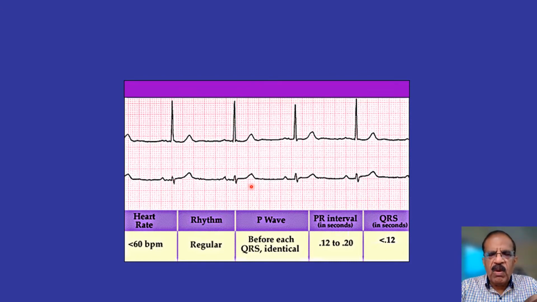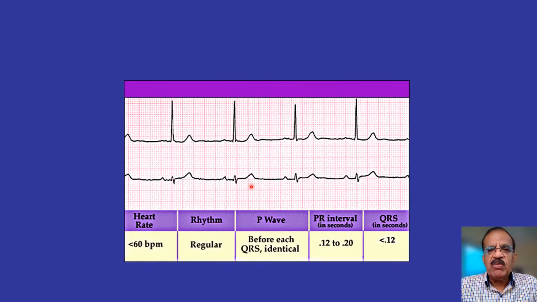But on the bottom of the paper, you will find one continuous strip without any interruption. And if you do not have an automatic machine, probably after doing the 12-lead ECG recording, you will need to record one long strip, and that long strip is either limb 2 or precordial V2.